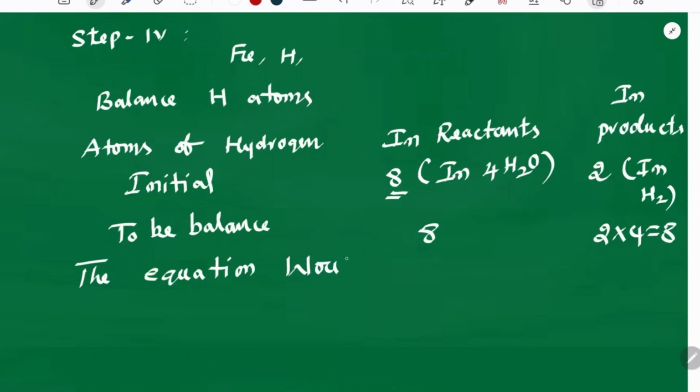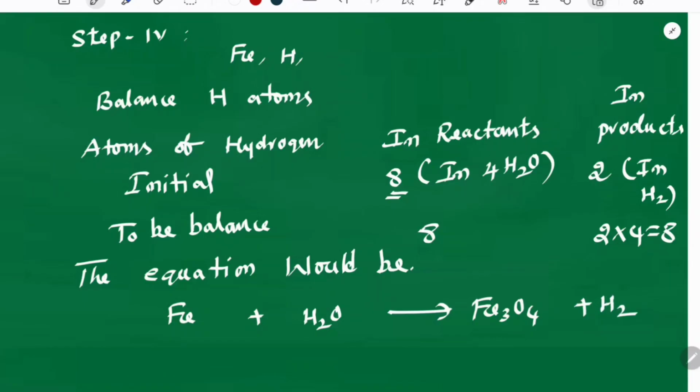Oxygen atoms are balanced. So now hydrogen is balanced. The equation would be what? Iron plus H2O gives rise to Fe3O4, ferric oxide, plus hydrogen.